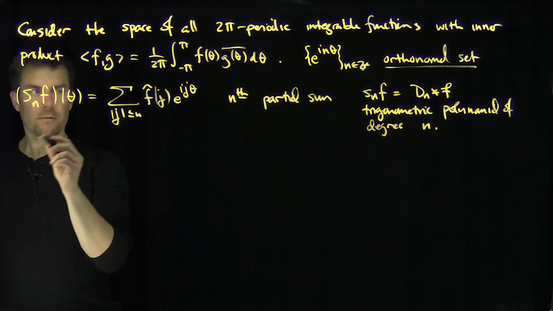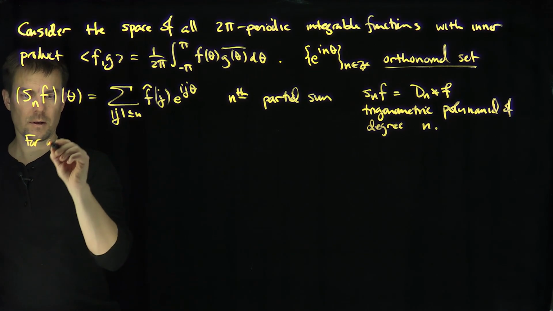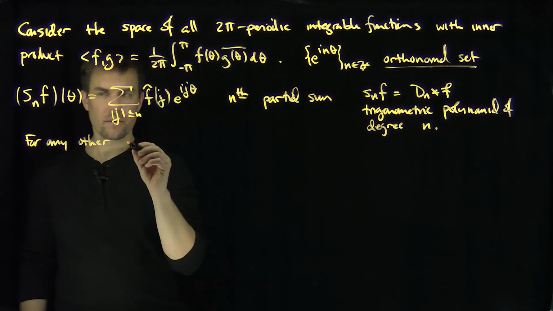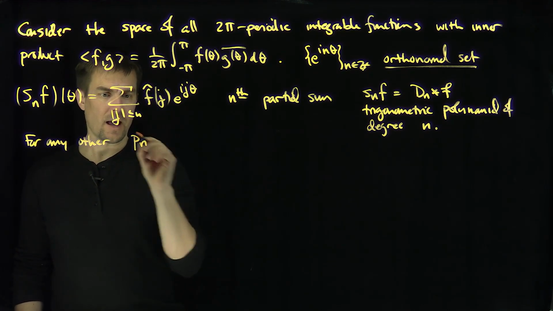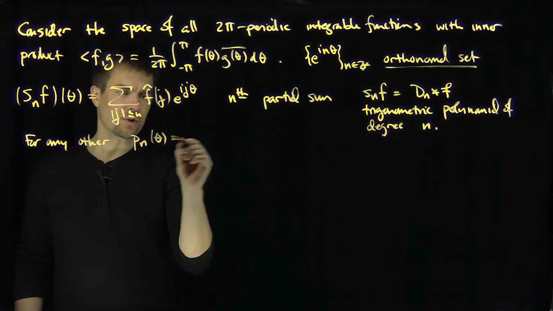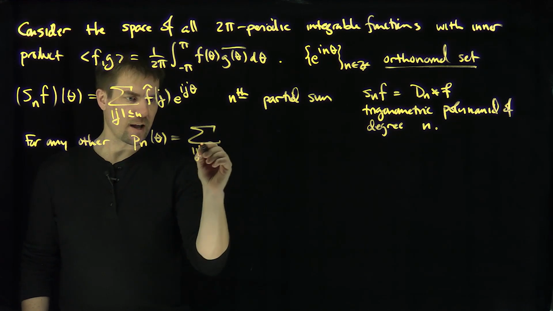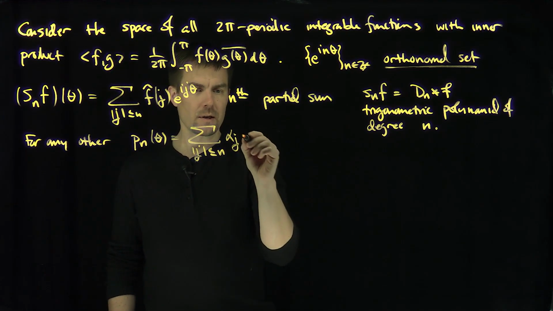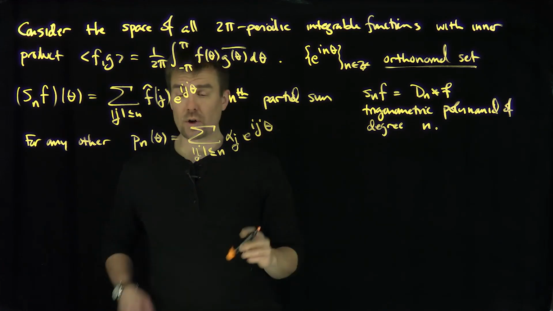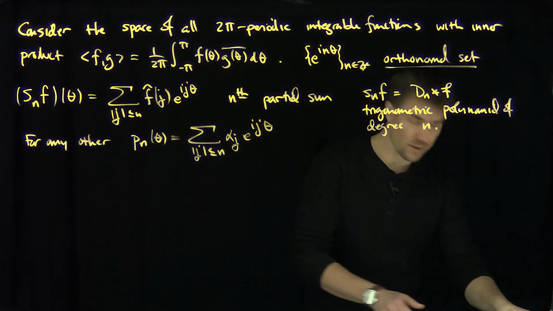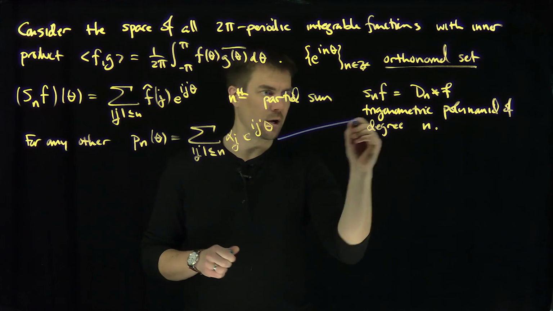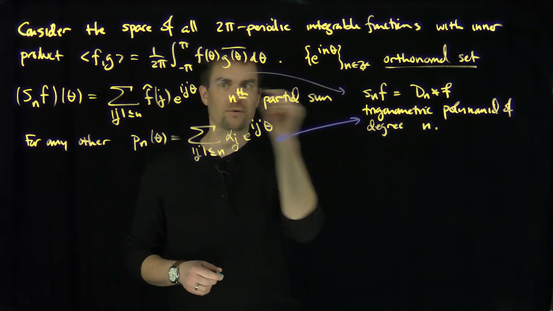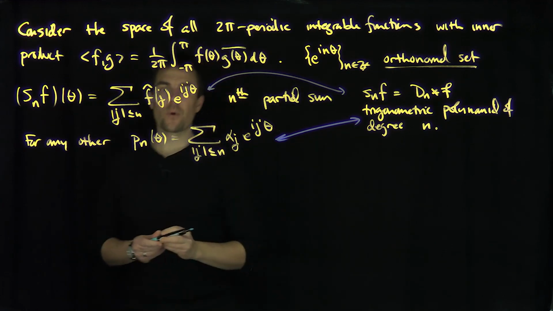I can say that for any other trigonometric polynomial, let's call that P n of theta, which is the sum over j less than or equal to n of just some numbers alpha j e to the i j theta, that's also another trigonometric polynomial of degree n. They are both trigonometric polynomials of degree n.